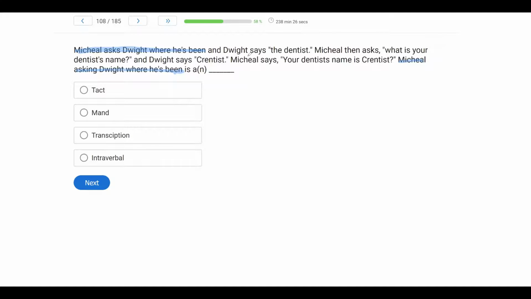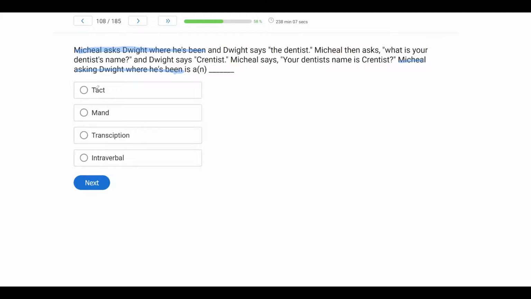Now, what evoked Michael asking Dwight where he's been? Well, it wasn't a verbal operant because the first exchange we have is Michael asking Dwight that question. So Michael is asking Dwight a question. He needs information. So Michael's behavior is being evoked by a motivating operation.